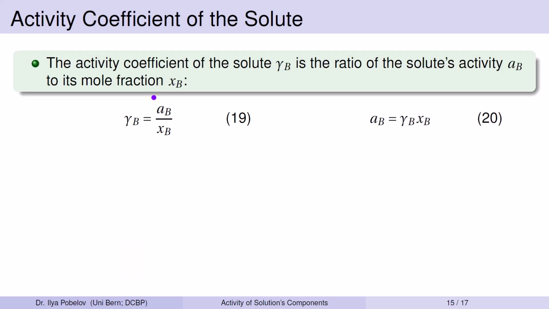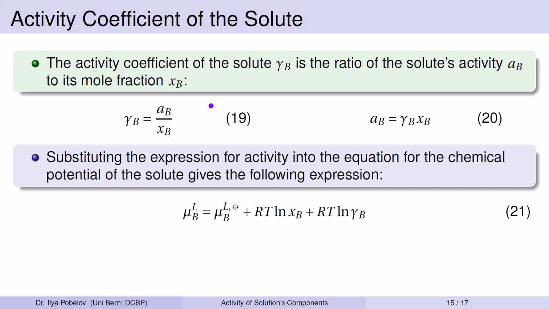To quantify deviations from ideal dilute behavior, it is sensible to introduce the activity coefficient for the solute. It is the ratio of the solute's activity to its mole fraction.